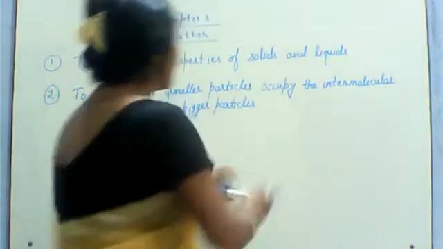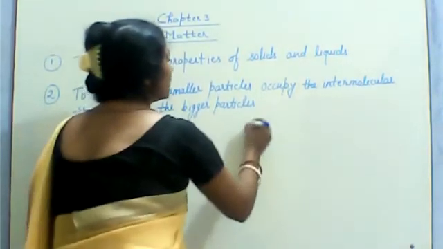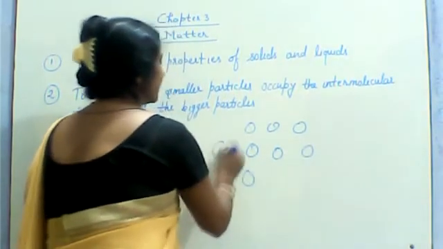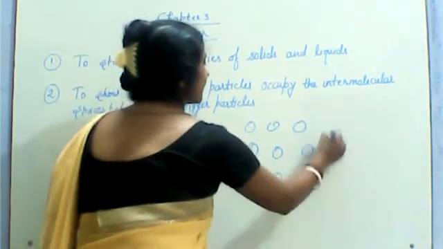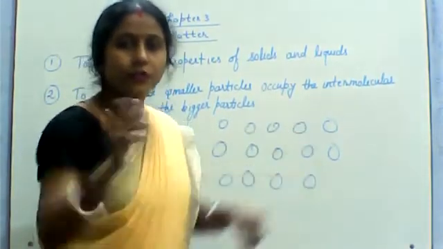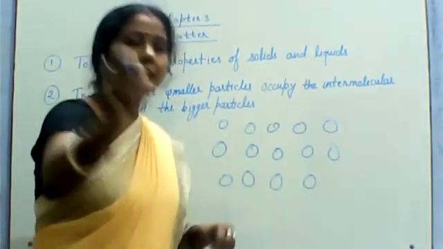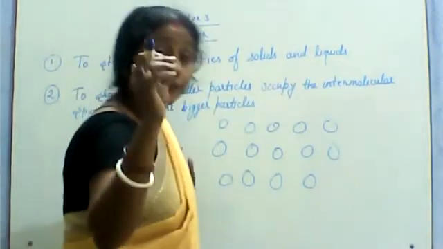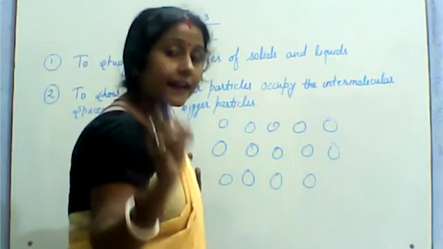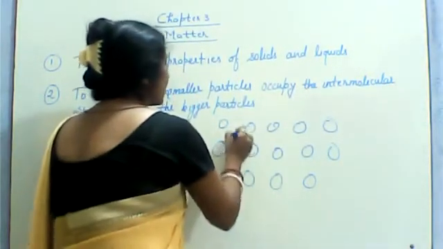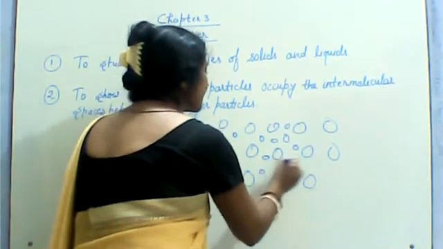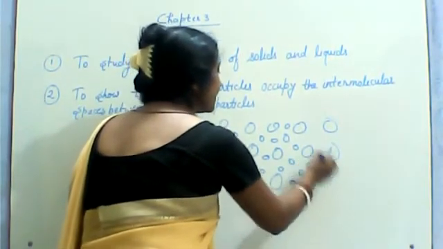Listen. Water molecules are like this. The molecules of water are like this. When we pour salt and sugar and lemon, the molecules of sugar, salt and lemon go in between these places, which are empty.